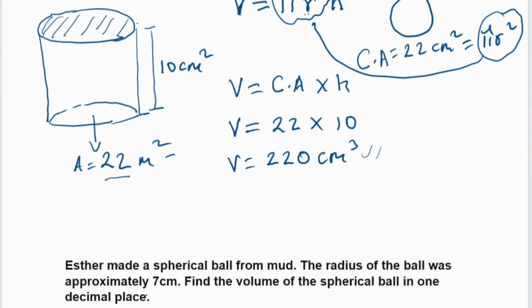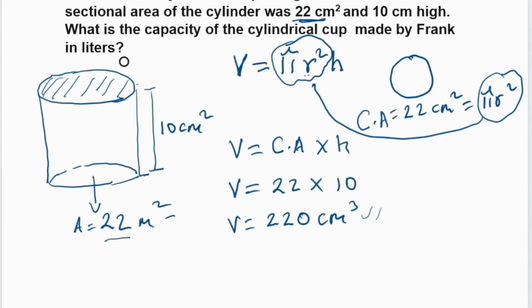With the volume now, we can use the formula that 1 liter is equivalent to 1000 centimeters cubed.